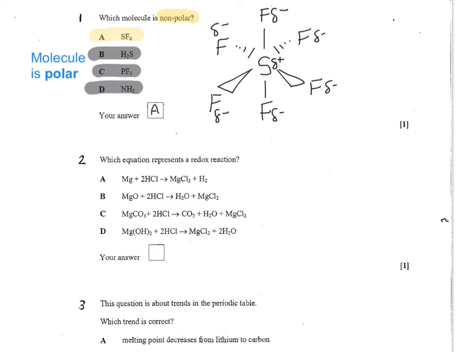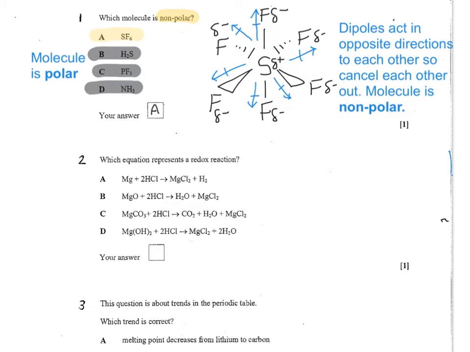Because it's important to know why you're now choosing this right answer, not just because the others are wrong, but why is this right? So pause the video, grab a piece of paper, and see if you can actually copy this down and then decide for yourself why the molecule is non-polar. Because there's obviously dipoles present, and you can see that for yourself. Why is it non-polar? So come back in a minute or so, and we'll see if we agree.